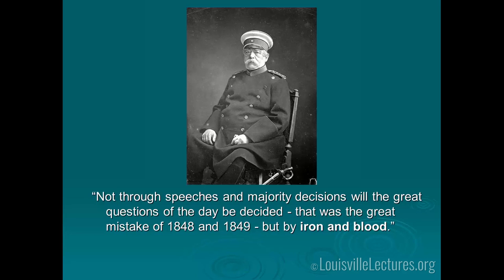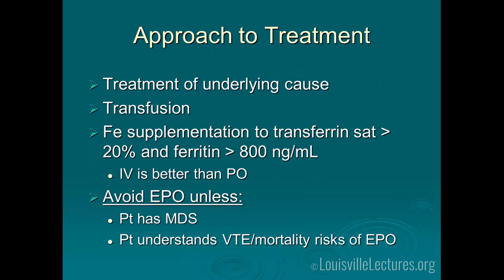And I use this comment jokingly, but he said that not through speeches and majority decisions, but decisions will be made by iron and blood. And so, he was correct about the treatment of anemia of chronic disease far ahead of his time.